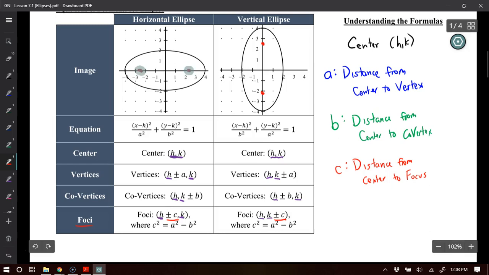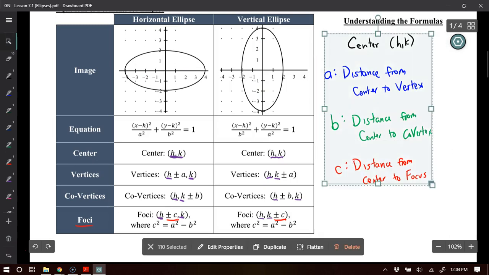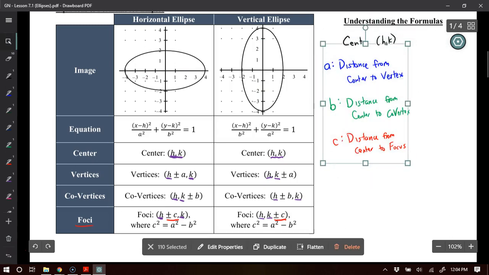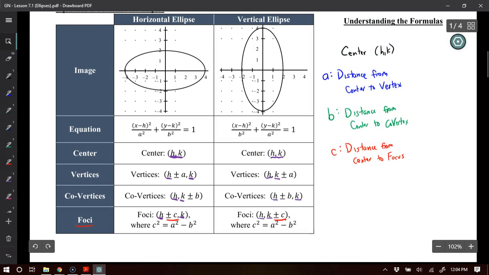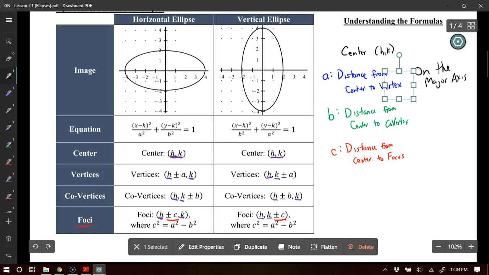Now, something else to make a note of with understanding these formulas is which axes they are on. So if I grab this, give myself some more room. If I have my A value, the A value is on the major axes, because that's where your vertices are located visually.